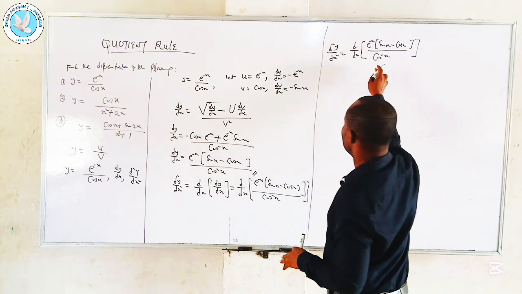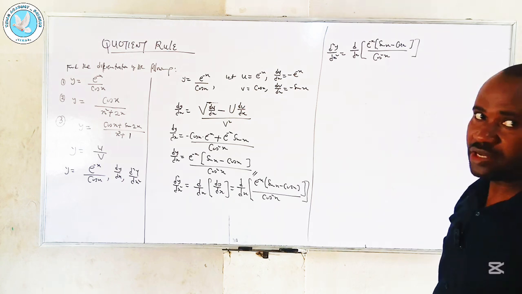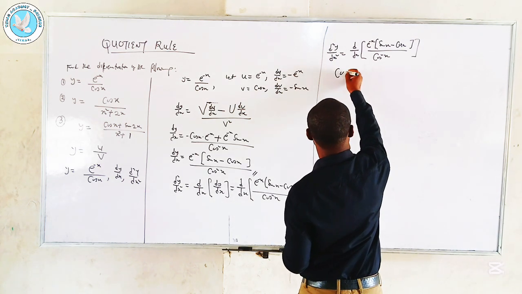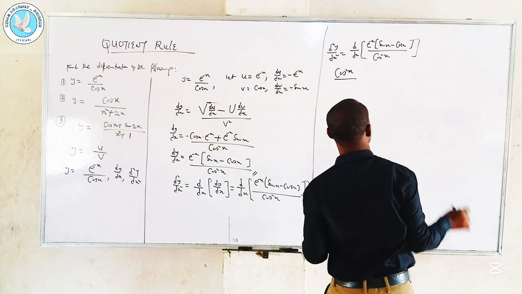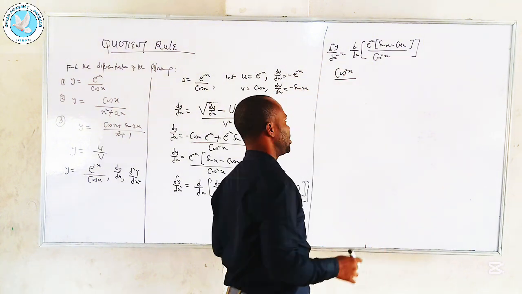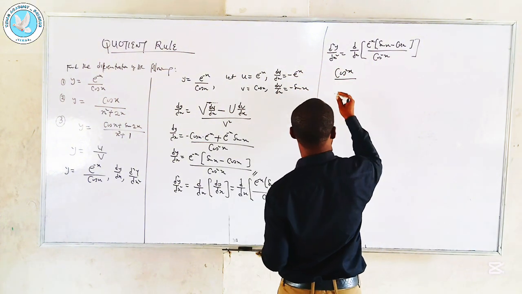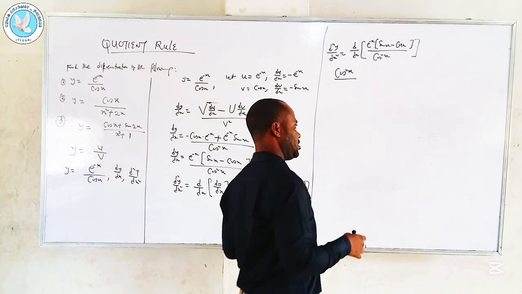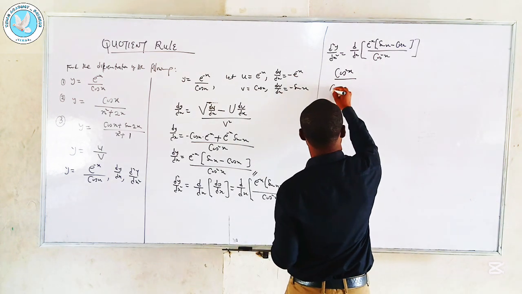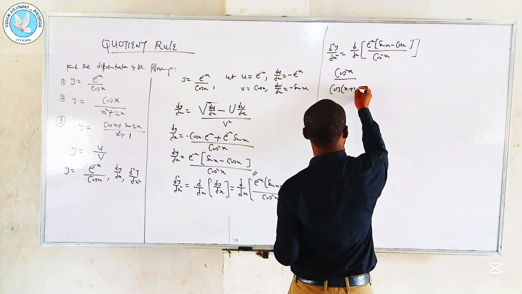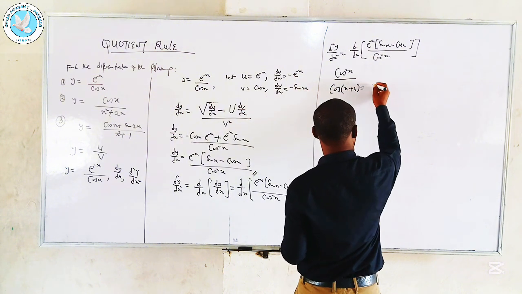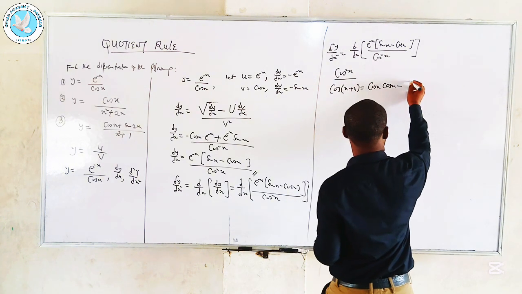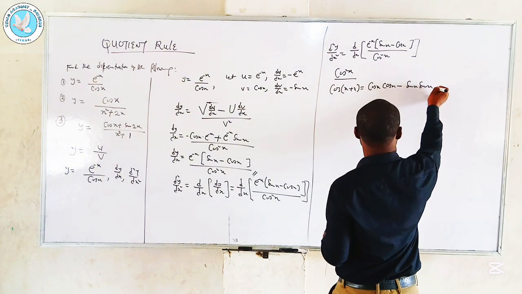So what we are going to worry about is cos squared x. Cos squared x is what we are going to deal with. At this point we can see how we can look at the identities and see a better way of writing it. So this will give us cos x minus sine x.